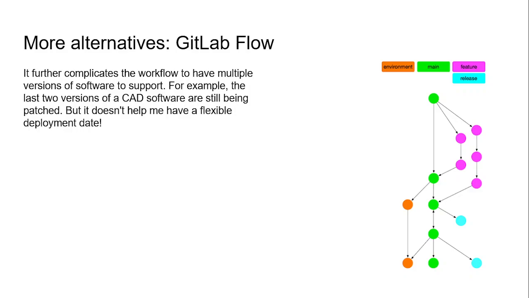There are also other workflows that were checked in this research. I checked GitLab Flow, which is more complicated, and it complicates the workflow to have multiple versions of software to support. For example, this could be used for the development of 2 versions of a CAD software that are still being patched, but it doesn't have a flexible deployment date.